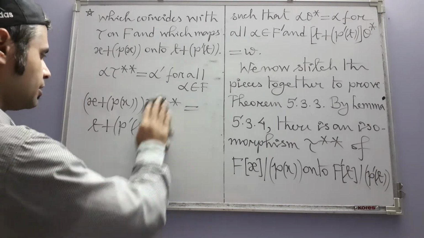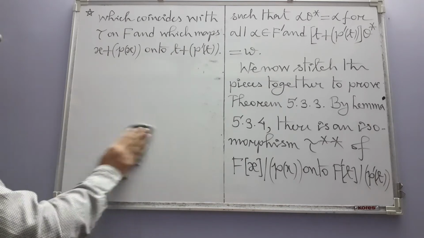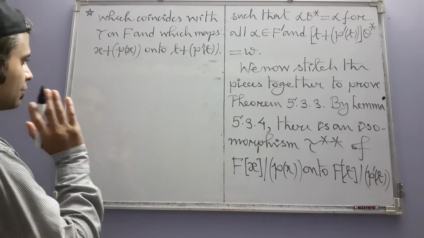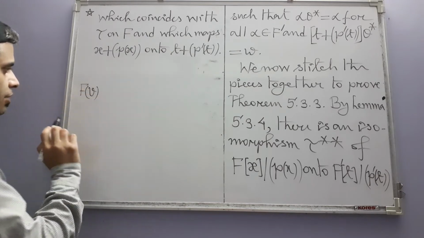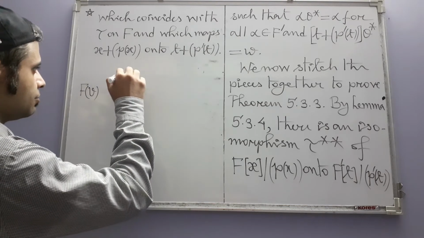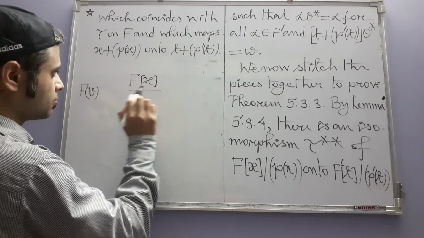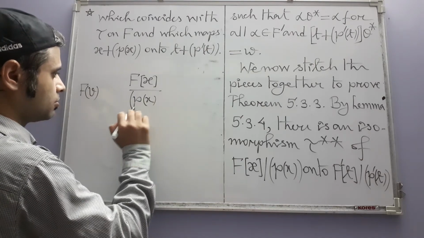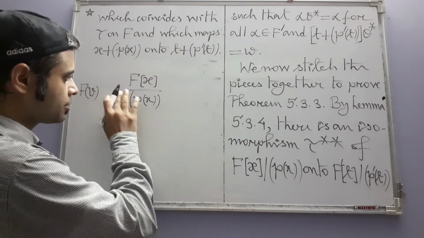Okay, so now we will draw another diagram, and this diagram will help us set up the final isomorphism. So what we do, we stitch the pieces together. That means let us first see the objects that we have. We have F(v) and we have this quotient ring F[x]/(p).